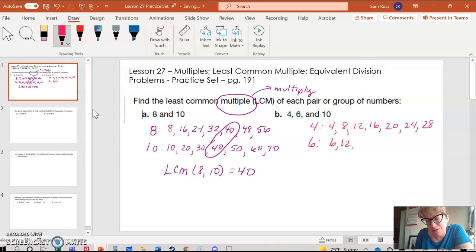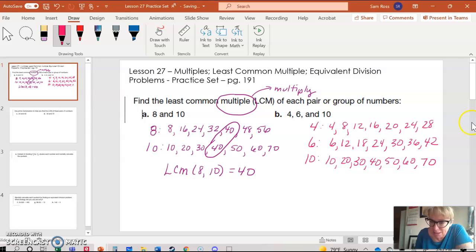You can already see they have those in common. 6 times 3, 6 times 4. They have those in common. 6 times 5, 6 times 6, 6 times 7. Okay, and then 10. 10 times 1, 10 times 2, up to 10 times 7.